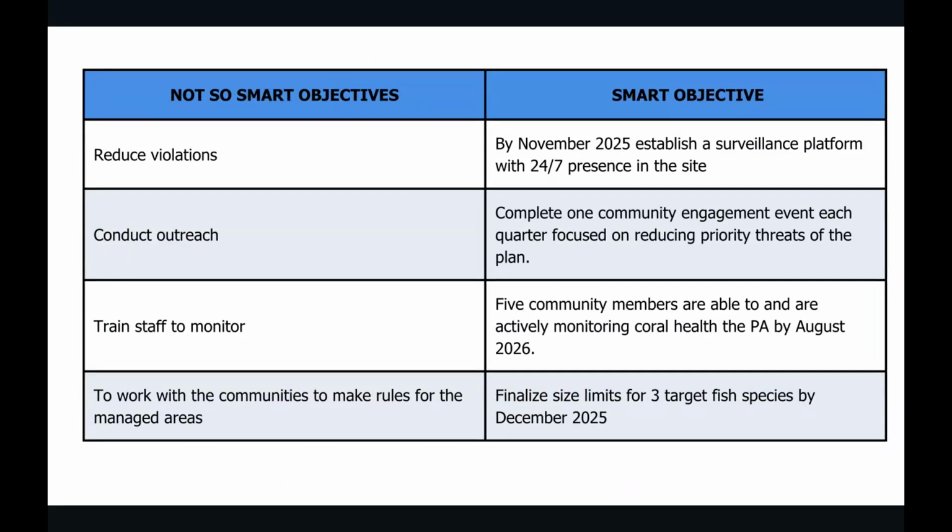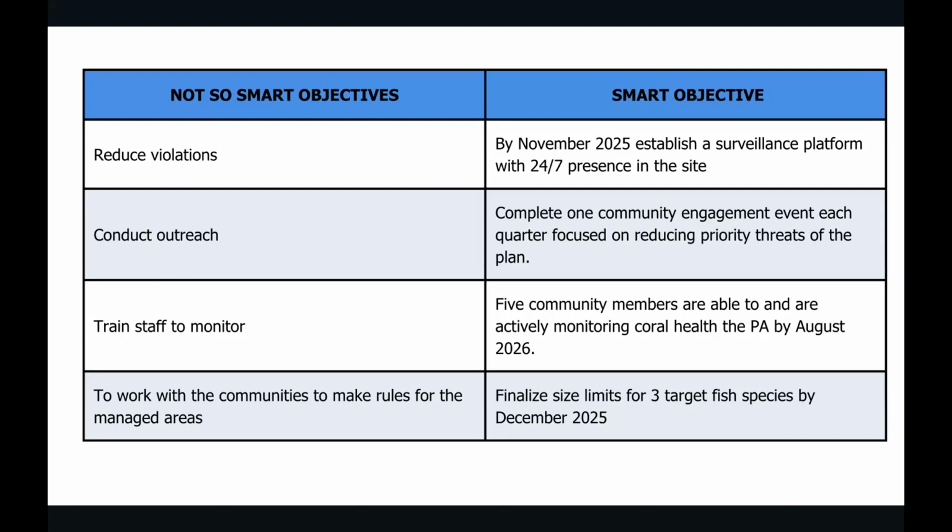So maybe a more SMART objective could be something like, by November 2025, we established a surveillance platform with 24/7 presence in the site. That's something we know we can measure. We are really clear about what we're trying to achieve by November 2025. And we can say, we've achieved this. We said we were going to do it and we've achieved it.